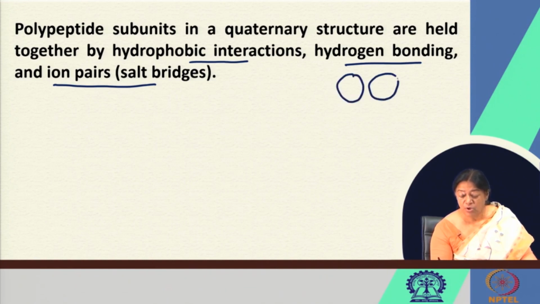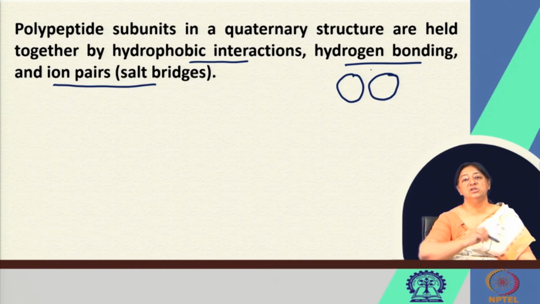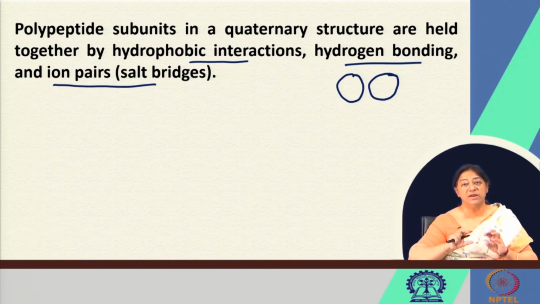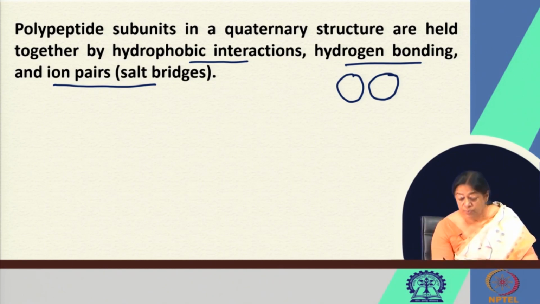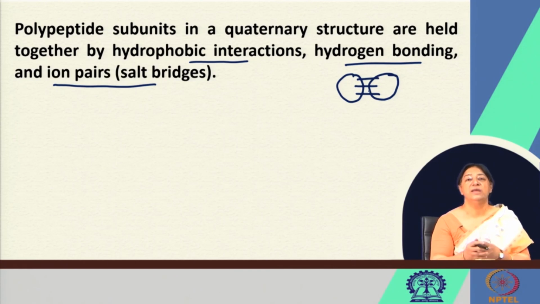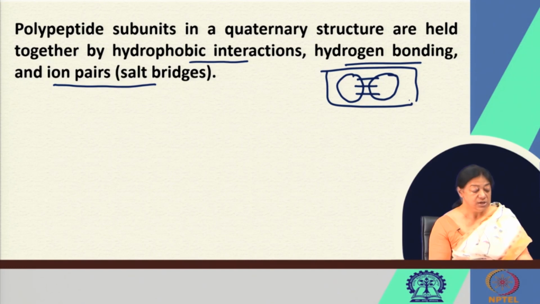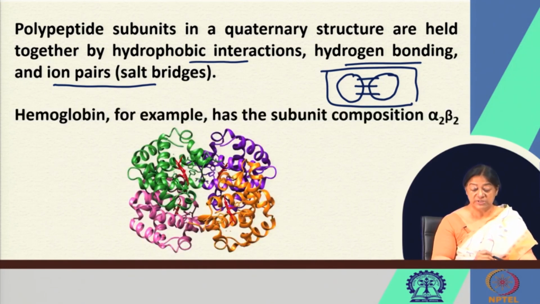I have two tertiary structural units, both in their subunit form, and two monomeric units come together to form a dimer. So, the question is, what is connecting these two together and why do they remain as a unit like this? What are the interactions involved in the subunits coming together?